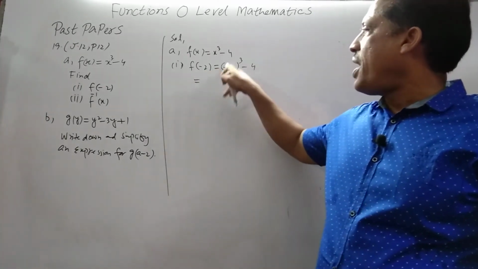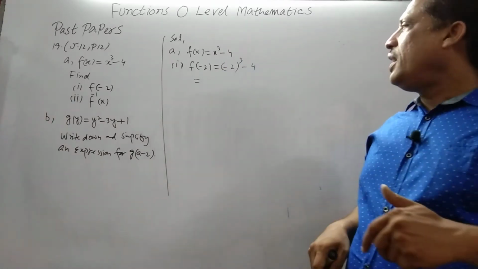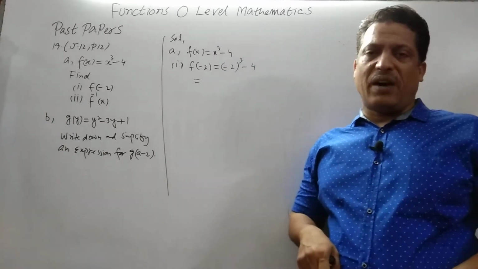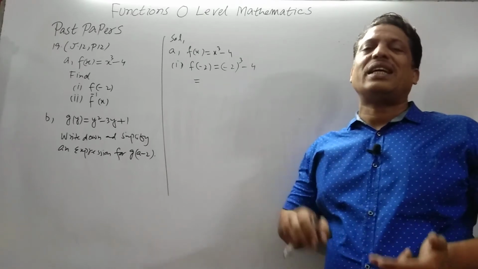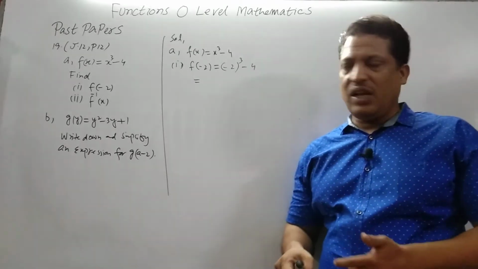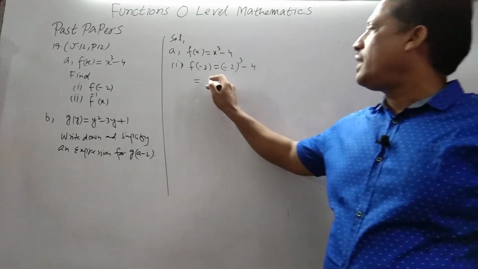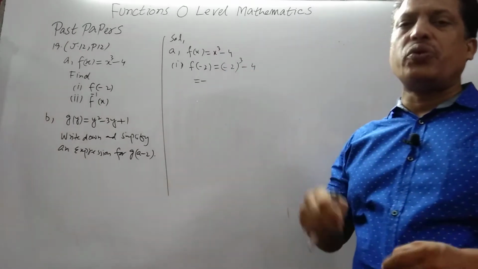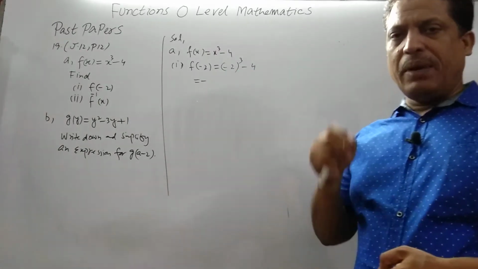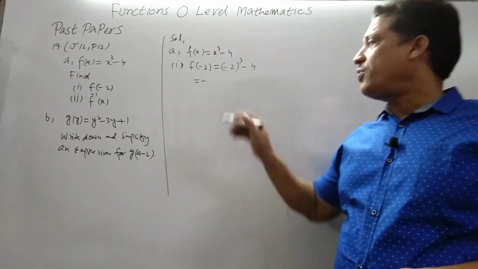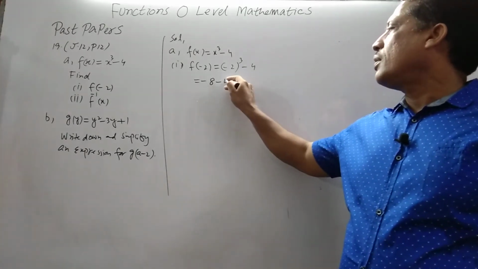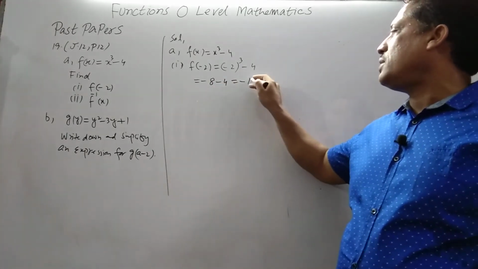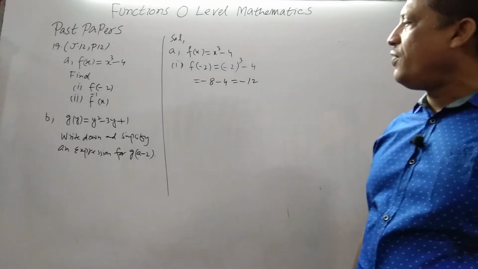If you see an odd power of a negative number, the answer is always negative. 3 is odd, therefore (minus 2) cubed is minus 2 into 2 into 2, which is minus 8. Minus 8 minus 4 is minus 12. So minus 12 is the answer.